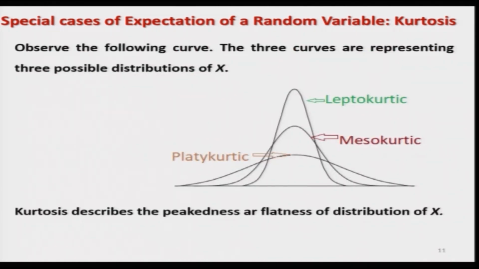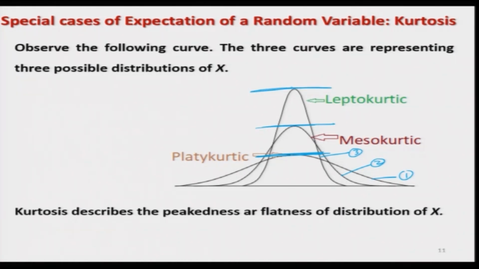Now, suppose we try to consider these three curves, let us call them curve number 1, curve number 2, and curve number 3, and try to observe this part here, this hump. Right.